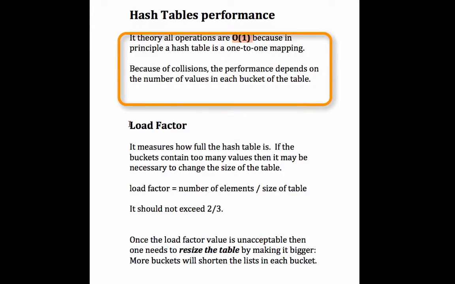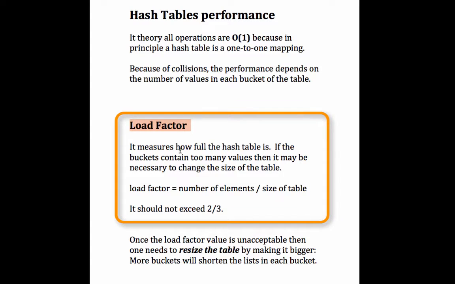So we need to pay attention to something we call the load factor. Basically, the load factor measures how full our hash table is. The load factor is simply the number that results from dividing the total number of elements that we have stored so far in the table by the actual size of the table. Now, when that value approaches 0.66, or 2/3, it means that the table is loaded, and probably we need to change the size of the table.